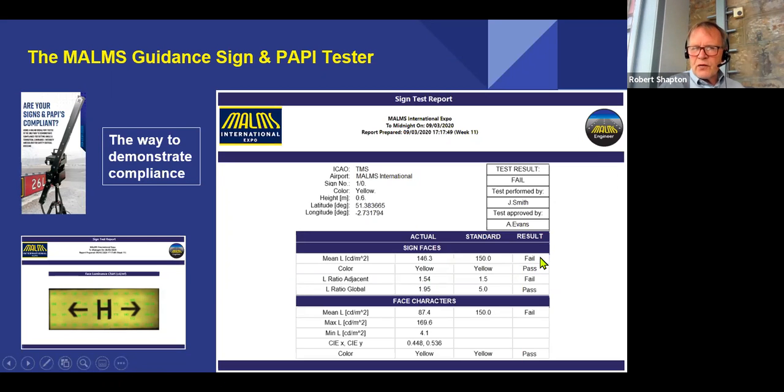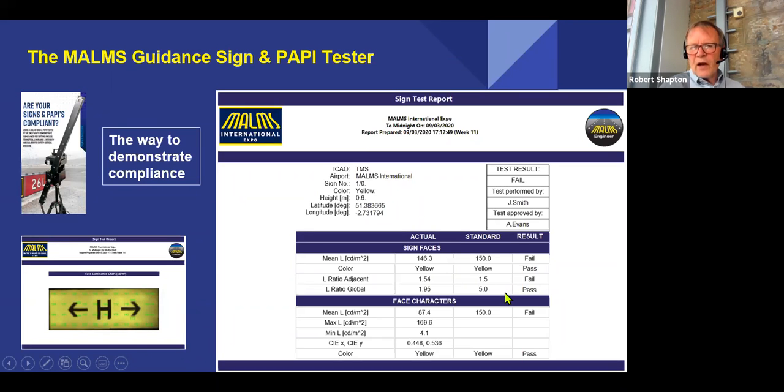The adjacent ratio has also failed. The requirement, as Keith specified, is no measurement should exceed the adjacent one by more than 1.5 times, and in this case it's 1.54. It's marginal, but it's still a fail. This is not discretionary.